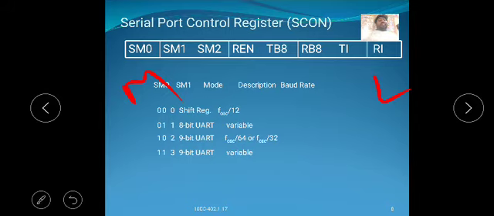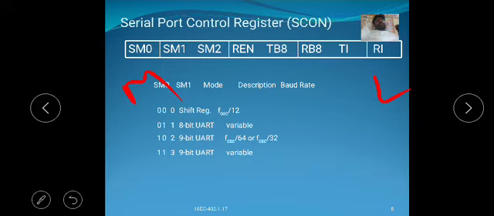The description is shift register, and the baud rate is 1/12 of the oscillator frequency. 01 is mode 1: 8-bit universal asynchronous receiver and transmitter. The baud rate is variable.